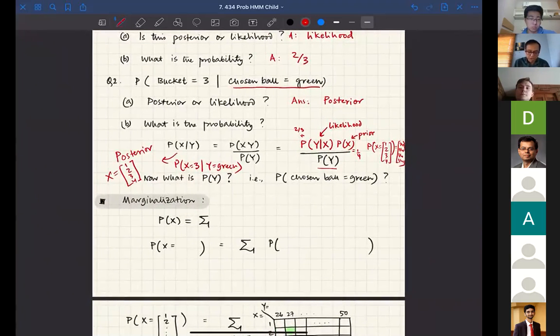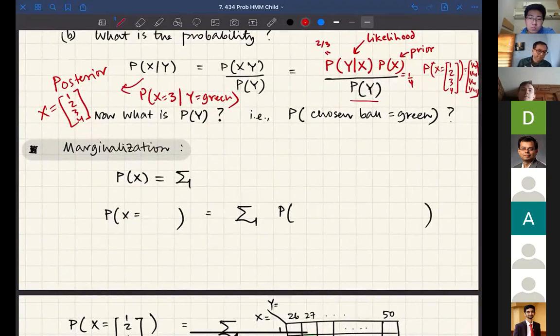Now what is py? What is the probability that the chosen ball is green? To do that, we need to introduce something else, which we call marginalization. So forget py for now. Let's look at marginalization in general. Marginalization says px is nothing but pxy summed over all y.